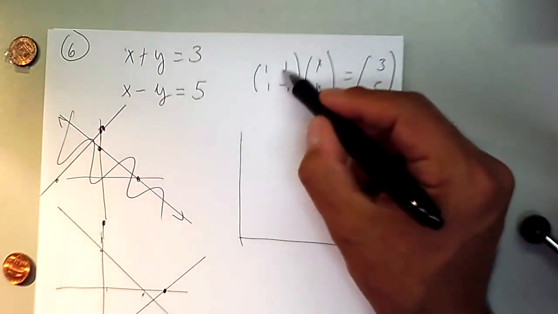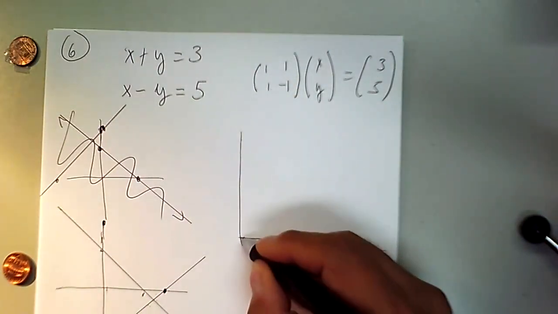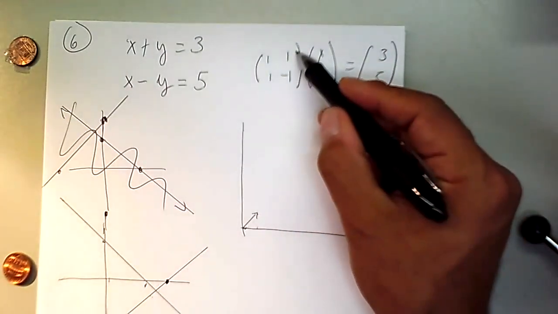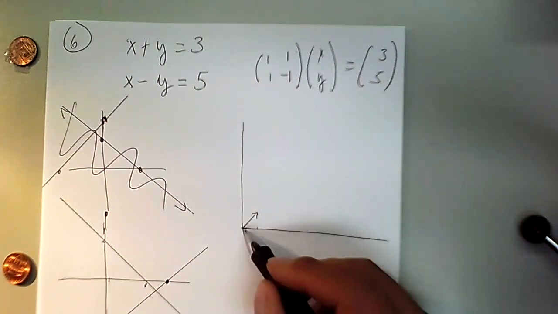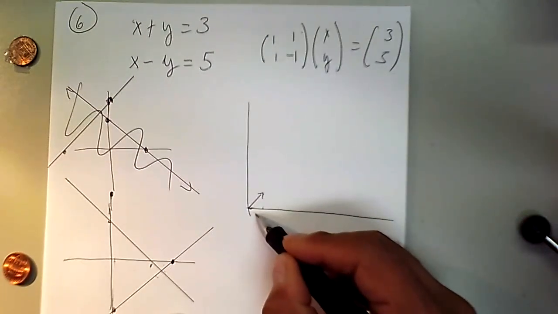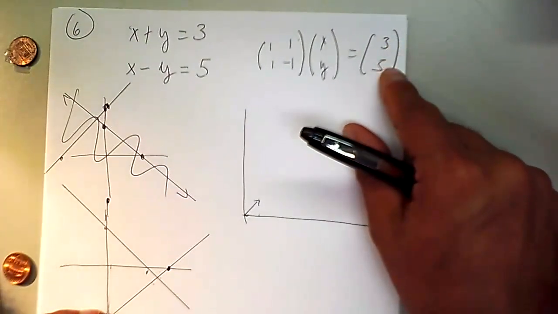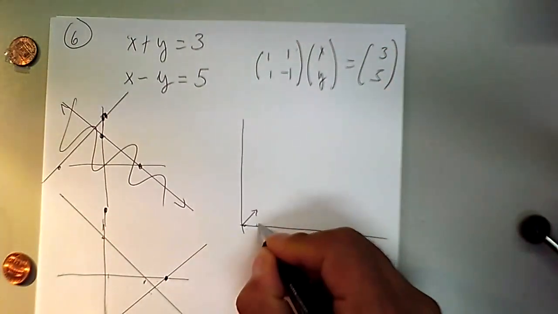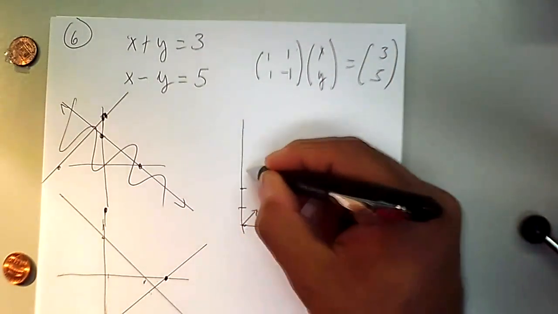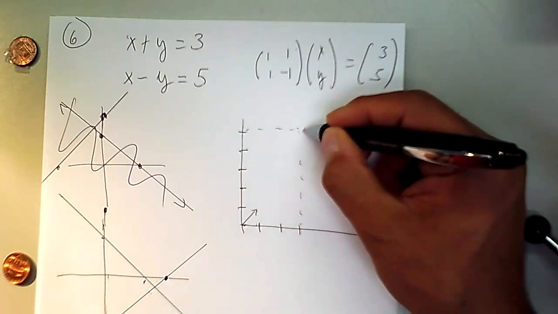So the vector 1, 1 is this vector. So 1 to the right, 1 up. The vector 1, negative 1 is to the right and down. So I'm not going to draw it yet, but it's a vector going down this way. So the question is, how can I get to the vector 3, 5? Okay, so let's say this is 1, 2, 3, 1, 2, 3, 4, 5. So I want to go here.